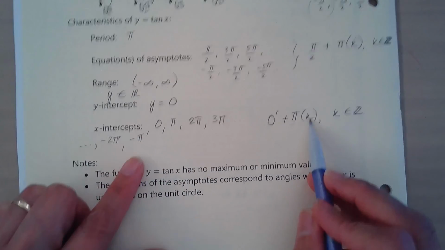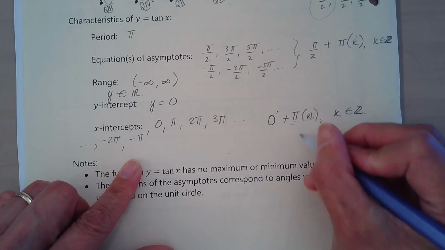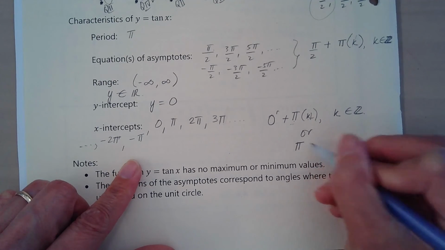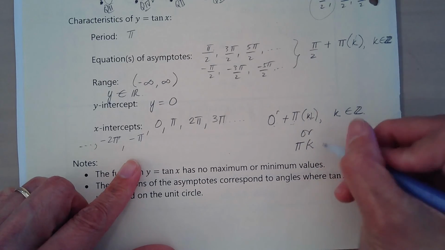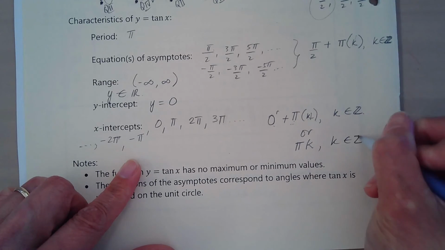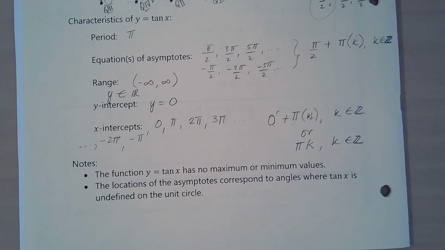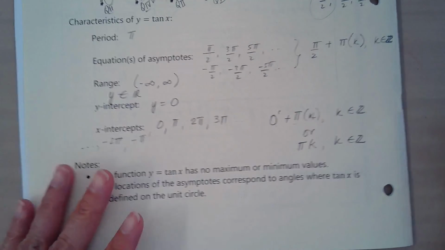What about negative 1? Or you can just say pi times k, because you're adding a 0. But just in case it didn't start at 0, sometimes there's a phase shift. In this case, it does start at 0.